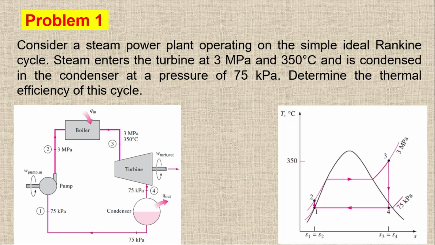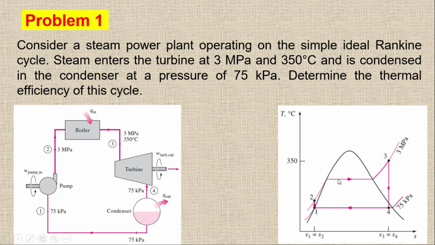So here we have the TS diagram for this cycle. Point number 1 ideally should be on the saturated liquid line. So we have point number 1 here. We have point number 2 somewhere here at 3 megapascal. So we have isentropic compression, so we have a straight line, S1 is equal to S2.